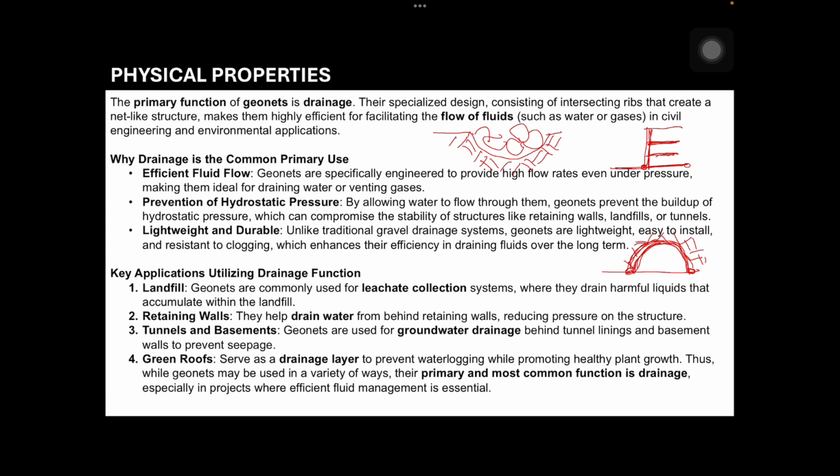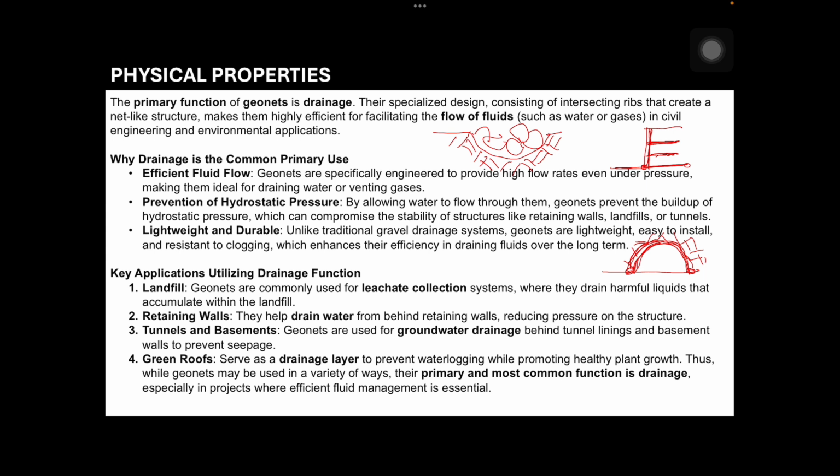Number 4, green roofs, serving as a drainage layer to prevent water clogging while promoting healthy plant growth. Thus, while geonets may be used in a variety of ways, their primary and most common function is drainage, especially in projects where efficient fluid management is essential.